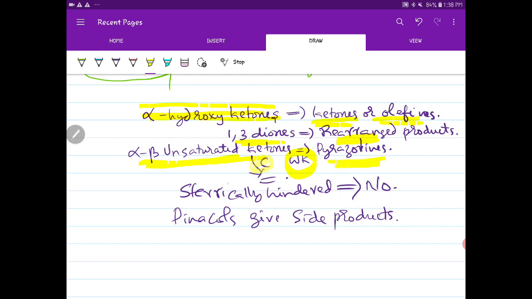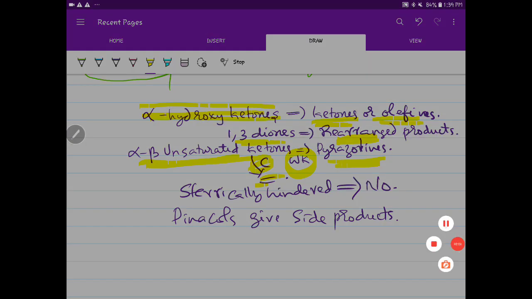If you go by Clemmensen, you get olefins. Sterically hindered aldehydes and ketones will go for neither the Clemmensen nor the Wolff-Kishner reduction. And pinacols mostly give many side products. These points you have to remember.